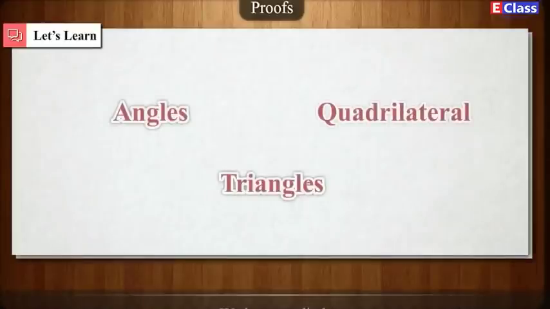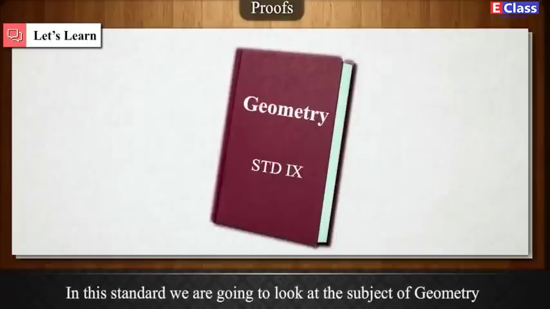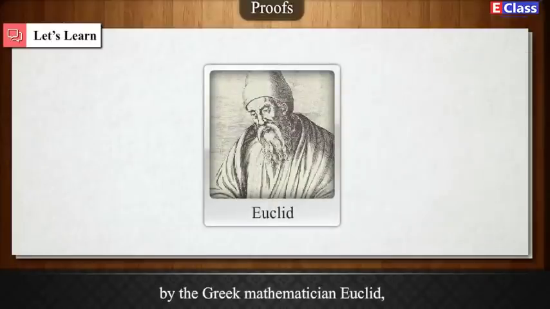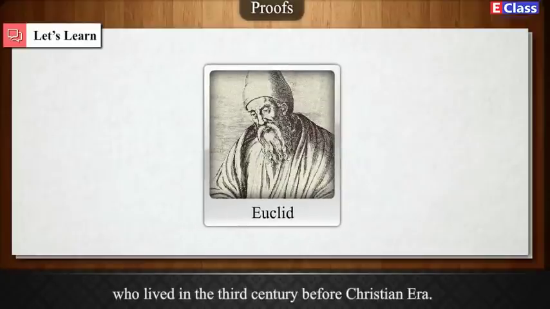Proofs. Let's learn. We have studied many properties of angles, triangles, and quadrilaterals through activities. In this standard, we are going to look at the subject of geometry with a different point of view, which was originated by the Greek mathematician Euclid, who lived in the 3rd century before Christian era.